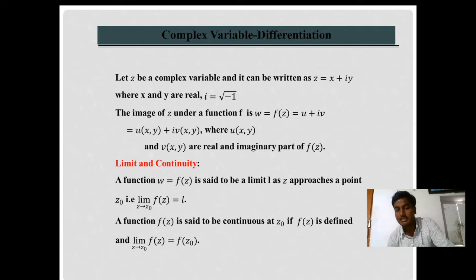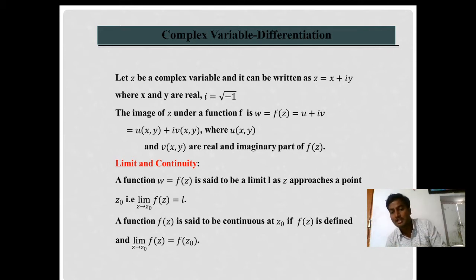But in real analysis, we have a real line. So along any direction, suppose if we take a point x, then x tends to, right? From right side also it tends to the same unique limit.